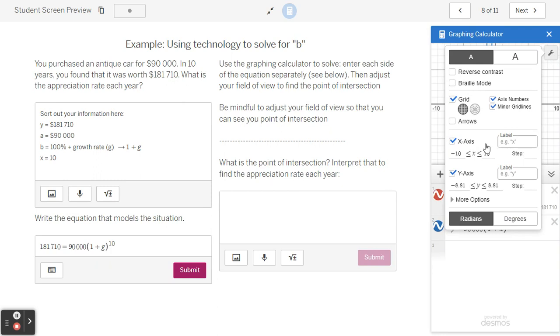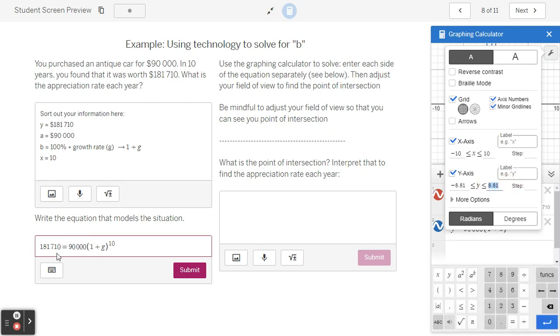Now, because our x-axis and y-axis is too small, we need to change the values as well. The y, we know that it goes up to 181,710, so I will insert 200,000 as my maximum.